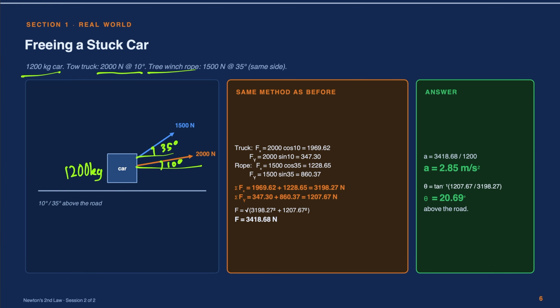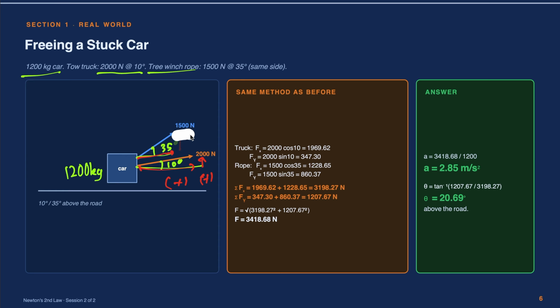So if I was to break up these vectors here, I would get x component, y component, x component, y component. They're both in the same direction, right? Y is both upwards and x is both rightwards. So they're both going to be adding to each other. There are no opposites here, because if right is positive, they're both going positive, and if up is positive, both are going positive.